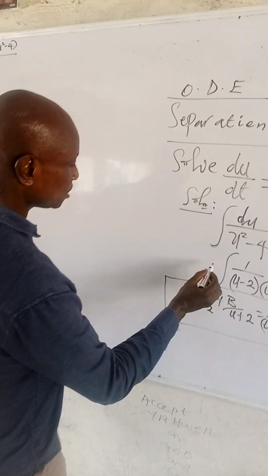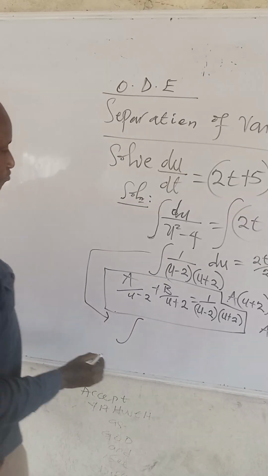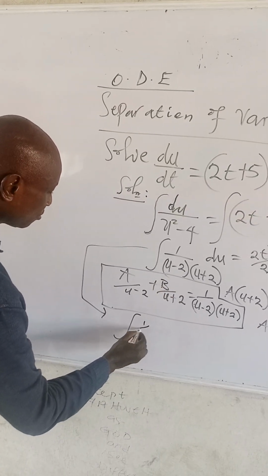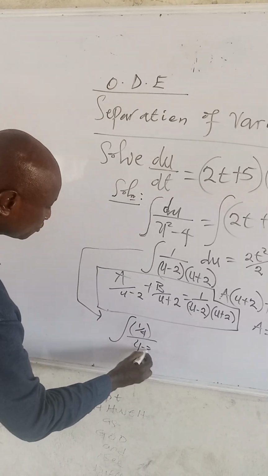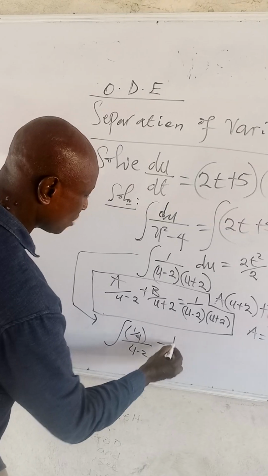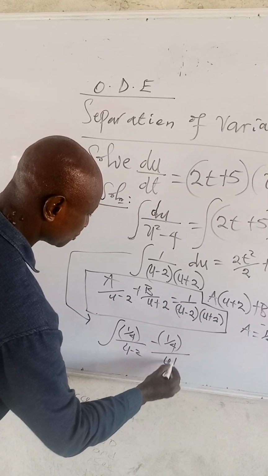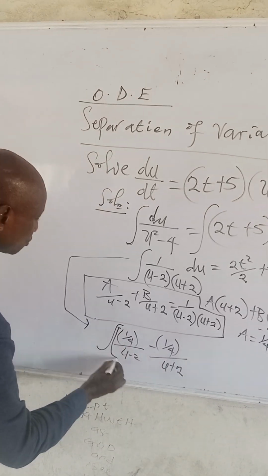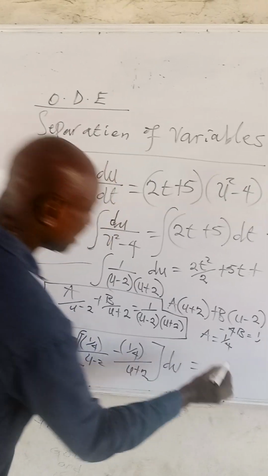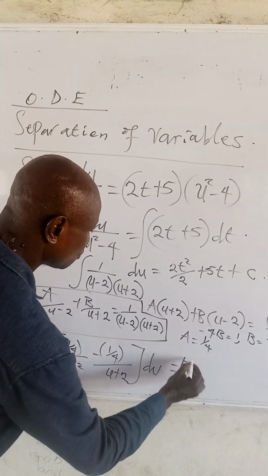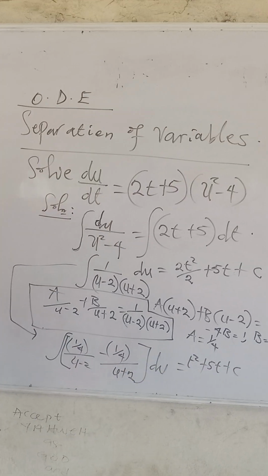Inserting back into this format, we have the integral of 1 over 4, the A now, over (u minus 2), minus 1 over 4 over (u plus 2), all with differential du, which is equivalent to t squared plus 5t plus c.